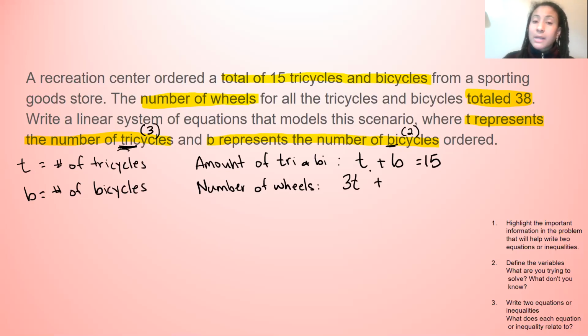If I had 1 bicycle, how many wheels do we have? 1. If I had 10 bicycles, how many wheels would I have in all? 20, because 2 times 10 gives me 20 wheels. So this will be 2B, but this question is saying we have a total of 38 wheels. So we would write 38 here.